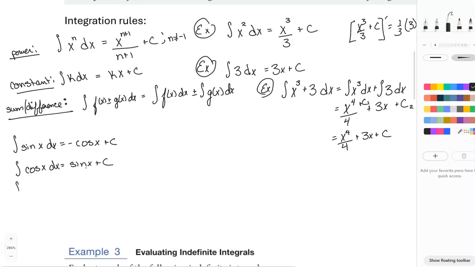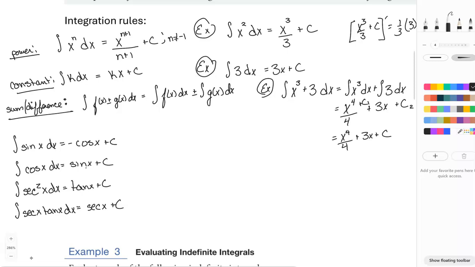If I want to integrate secant squared, I'm going to get tangent of x. If I want to integrate secant tangent, the derivative of the secant is the secant tangent.